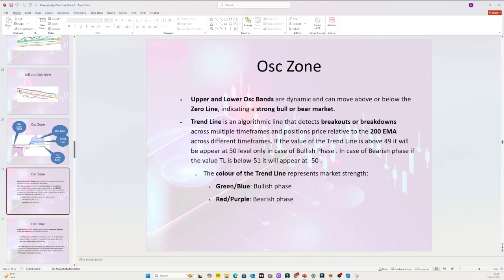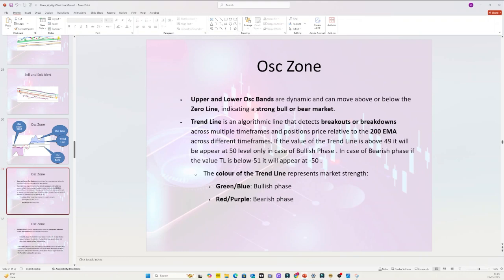For every period above the 200 EMA we are adding some number on the bullish side, and if the price is below the 200 EMA, then it is deducted. So cumulatively it gives a good figure, and it is algorithmic. What I say is just 1, 2, 3, 4, but we give weightage according to our experience, which works fine.